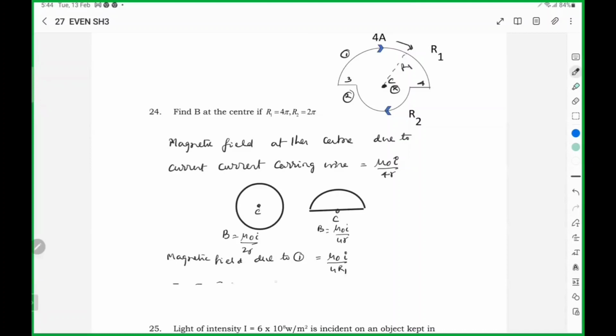Magnetic field due to this second wire is mu naught I by 4R2. Magnetic field due to 3 and 4 is 0.